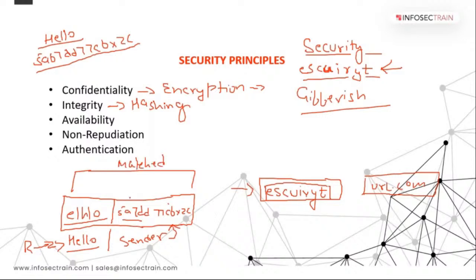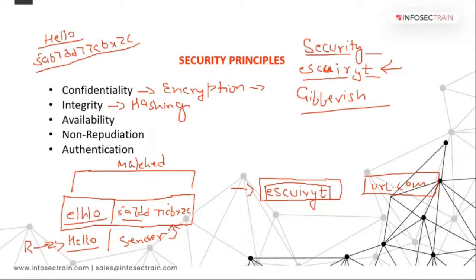If both of these hashes matched, then what will happen? It means the data is not changed in between during the transit. The data is not changed. It is accurate, right? So this is how your data is sent without modification.